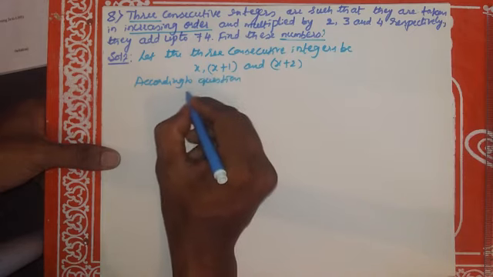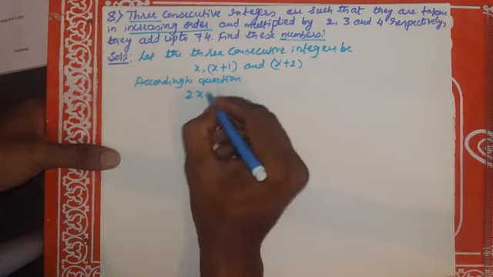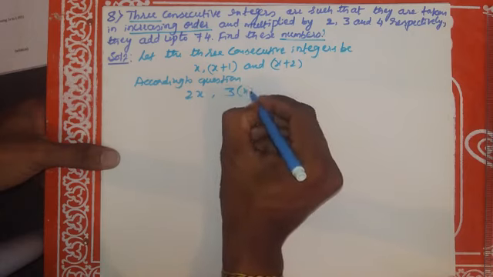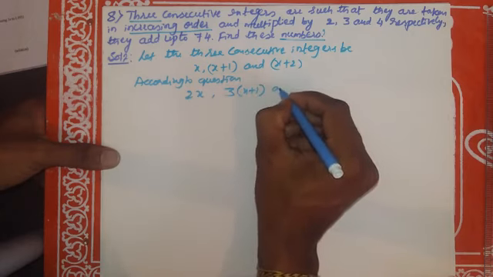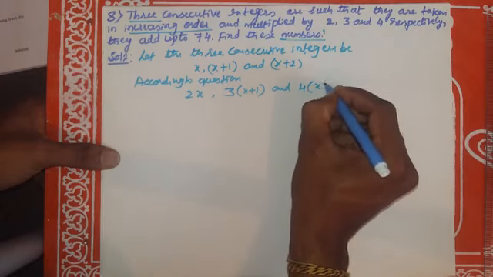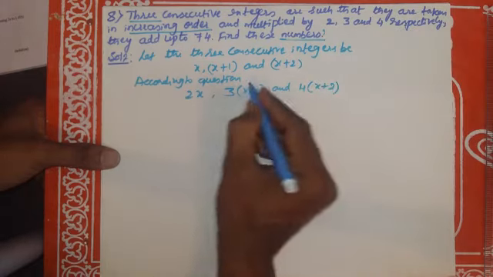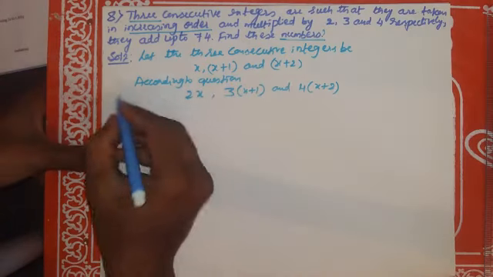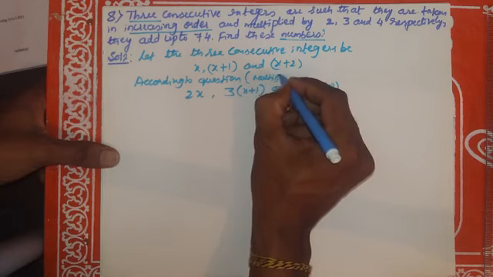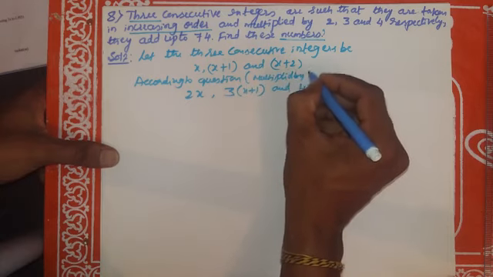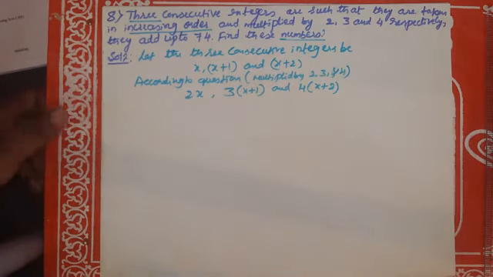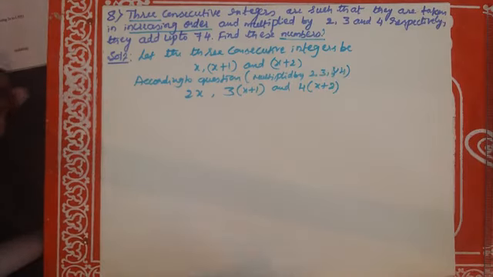According to the question, 2x, next 3 into x plus 1, and 4 into x plus 2, multiplied. Is it right? According to the question, multiplied by 2, 3 and 4. This is very important.